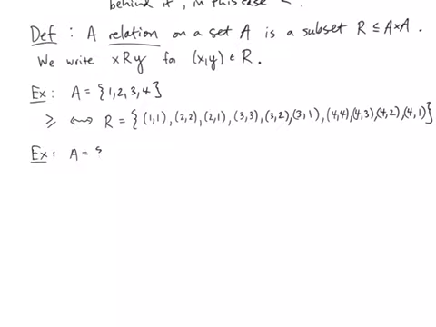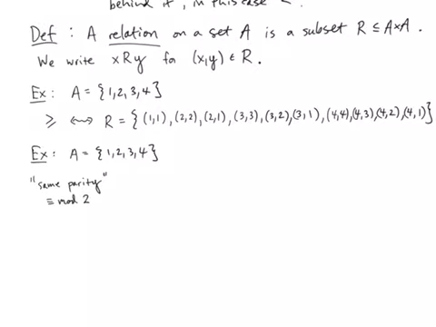Okay, so again, using A is 1, 2, 3, 4, we can define another relation. So we'll just say it in words as same parity. And same parity, that's really equivalence mod 2.